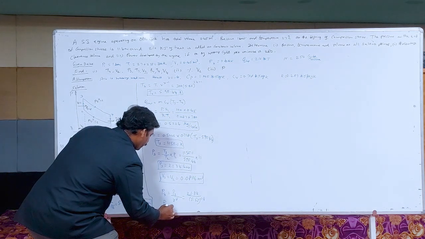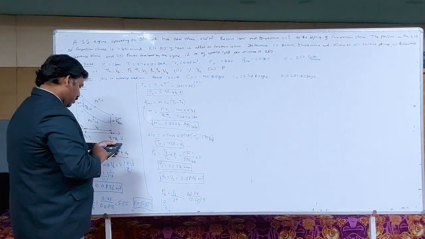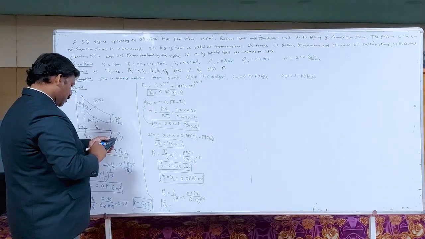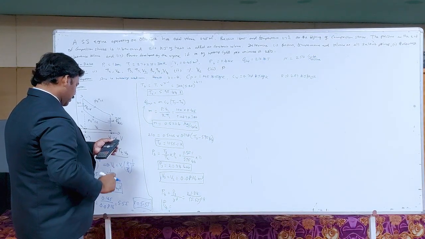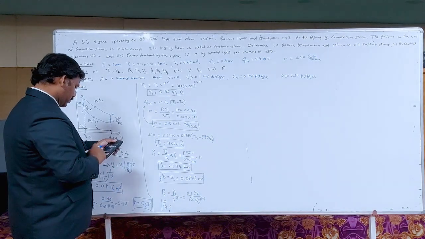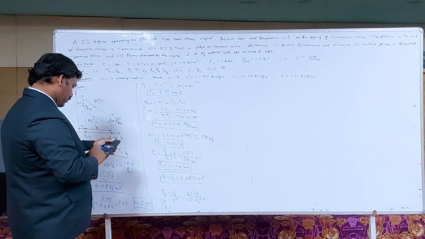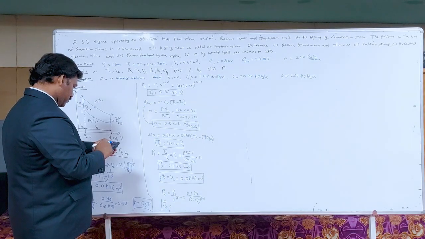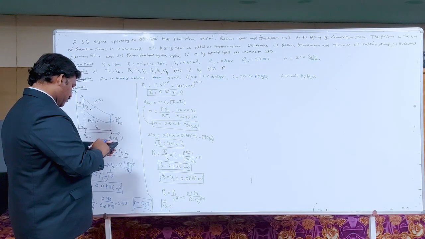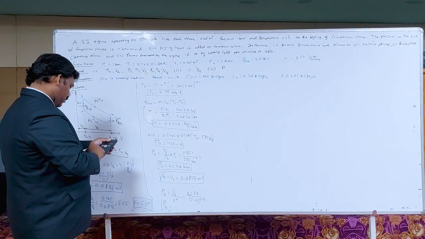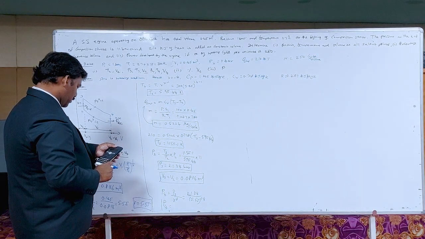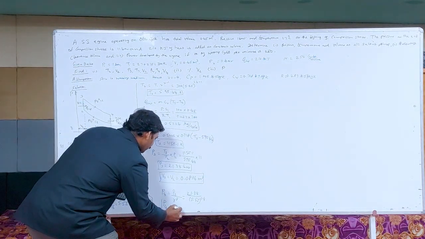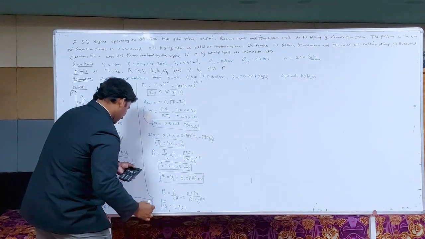Therefore, P4 is equal to 21.34 divided by 5.55 power 1.4, which is 1.937 bar.